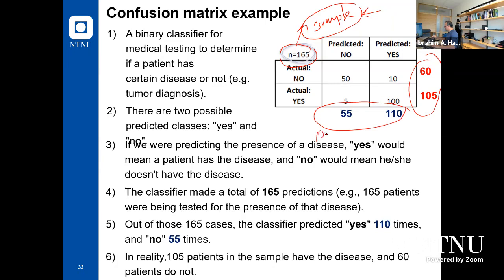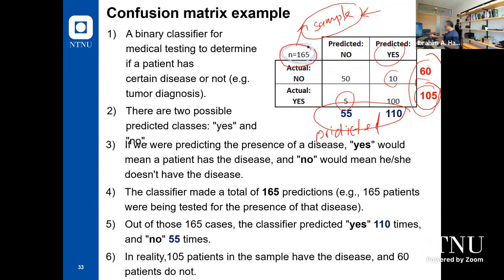Among the 105, 100 were correctly classified as yes or positive, and 5 were misclassified as negative. Of the 60 which are negative, 50 were correctly classified as negative, and 10 were classified as positive.